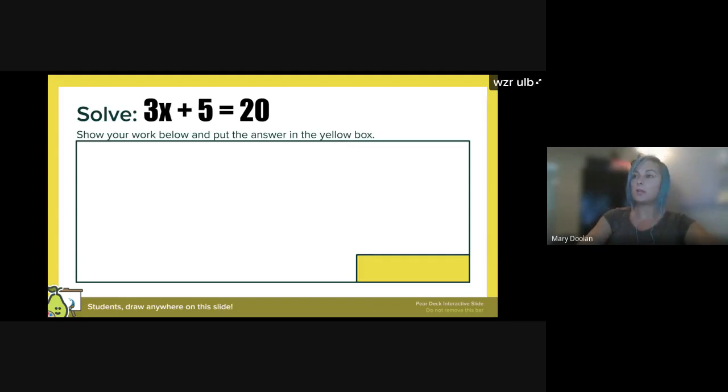Yours isn't loading, Bree. Maybe try closing out just the other two tabs that you don't need. Just leave the Meet and the Pear Deck tab open. That might help. You might even try refreshing your screen.